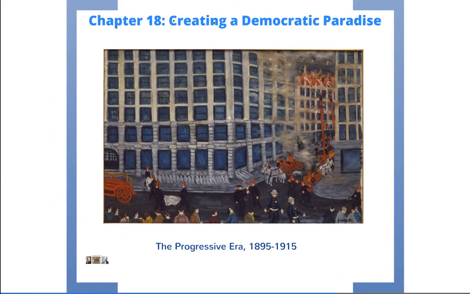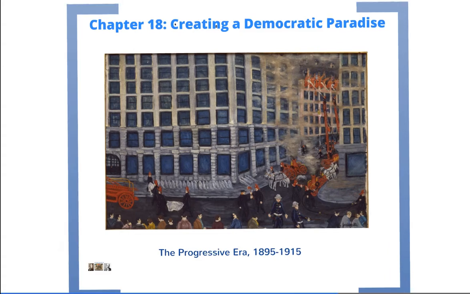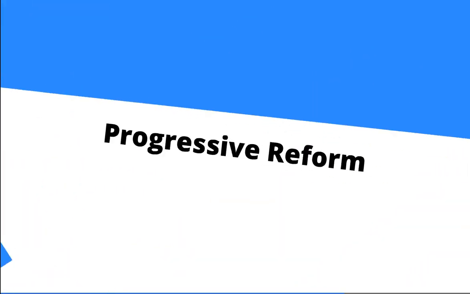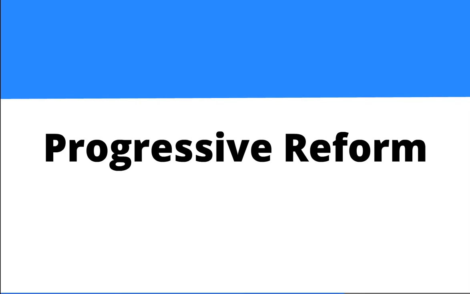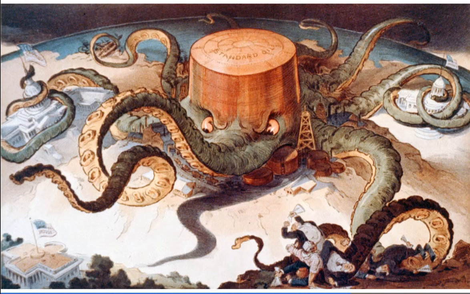If we look at Chapter 18, Creating a Democratic Paradise, we look at the Progressive Era, 1895 to 1915. This was a time of reform, and this idea of progressive reform manifested itself in various ways. One, this fear of powerful business interests.